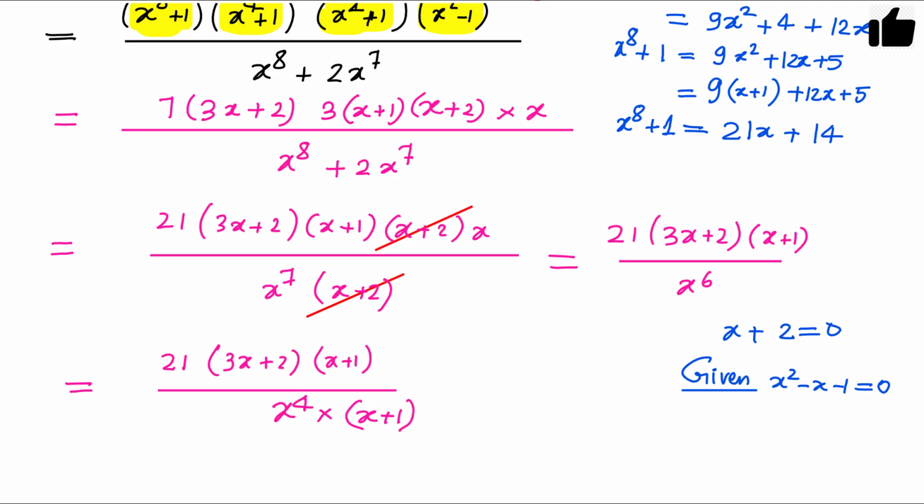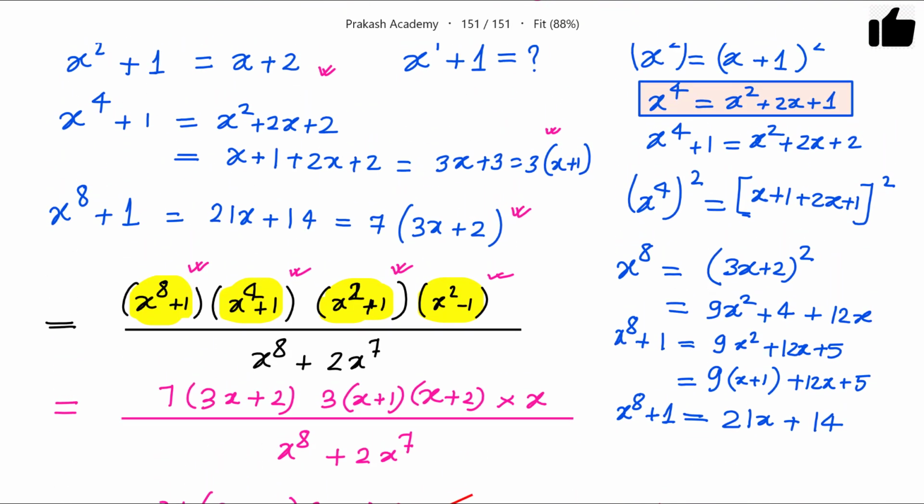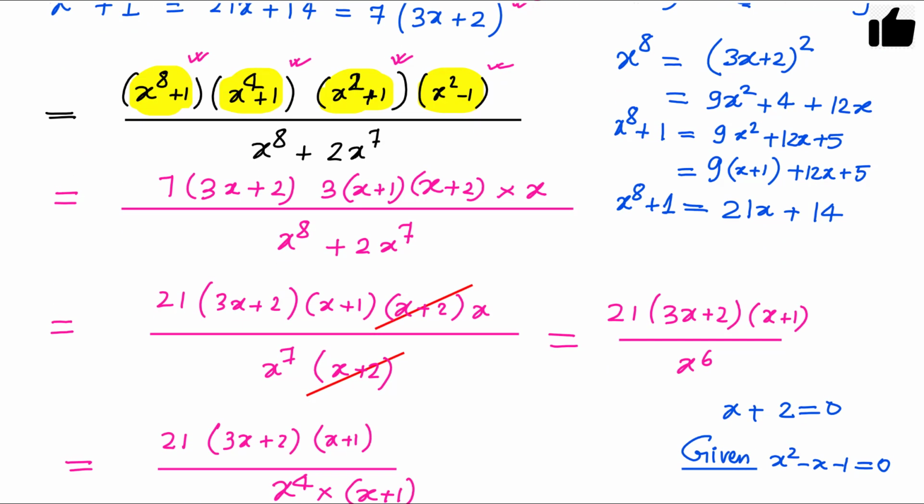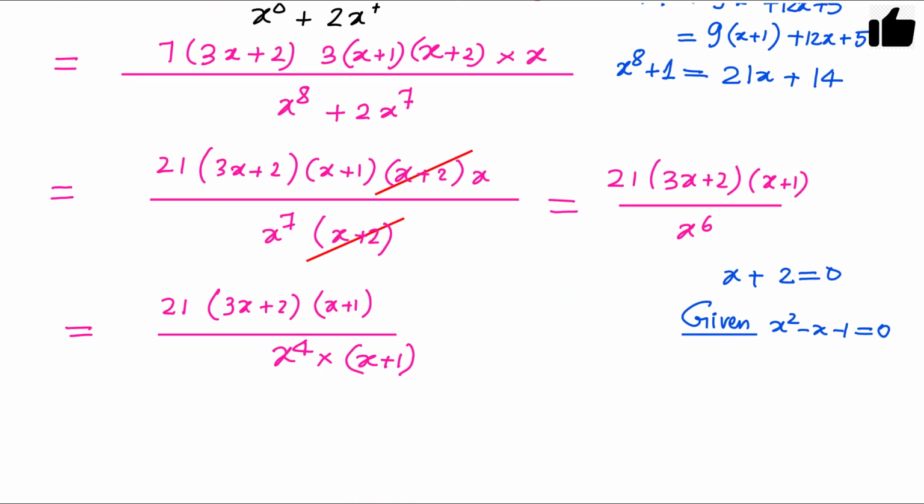And now what was x^4? We already calculated x^4. If you see here, this is x^4. You can write from this equation, x^4 plus 1 is this. So this means x^4 is equal to x square plus 2x plus 1. And in fact, you can further replace x square with x plus 1.